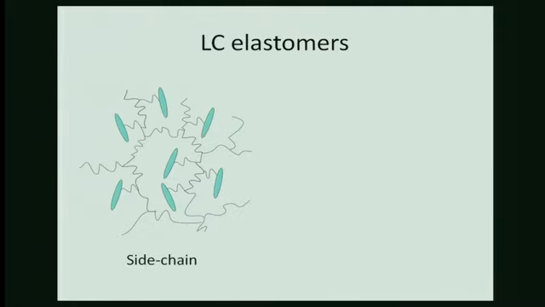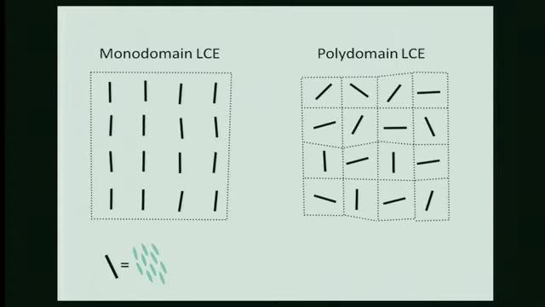It happens that the director can be nicely aligned macroscopically, or not so nicely aligned. This kind of alignment is usually called a monodomain elastomer, and random orientation is usually called polydomain.